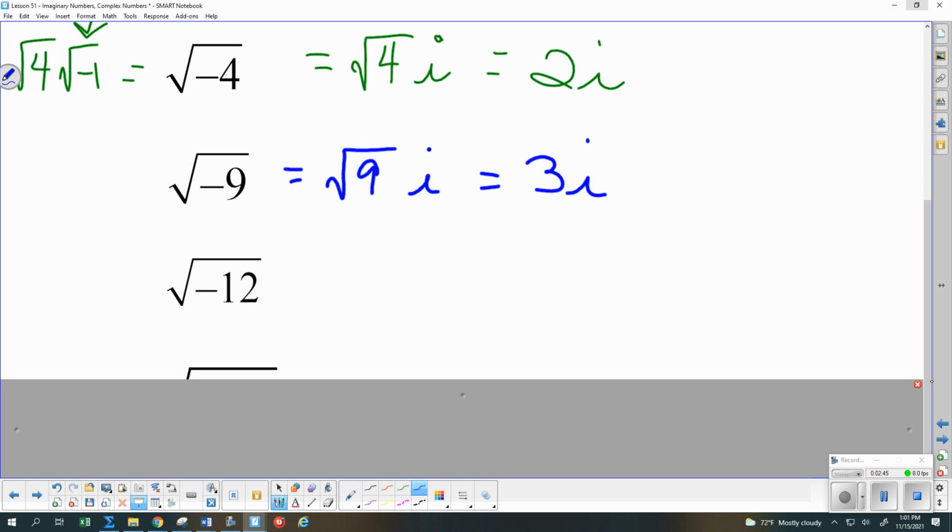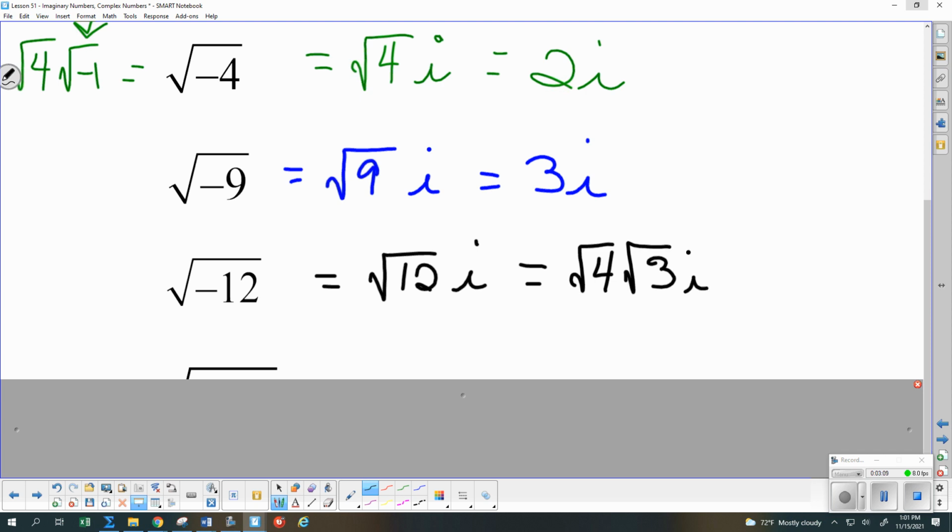So square root of -12, what do I do first with this one, Abby? Not yet. First is √12 times i. Then, exactly what you were thinking, can we simplify √12? 12 is 4 times 3, so √12 is √4 times √3 times the i. So Coleman, what's the final simplified answer here?